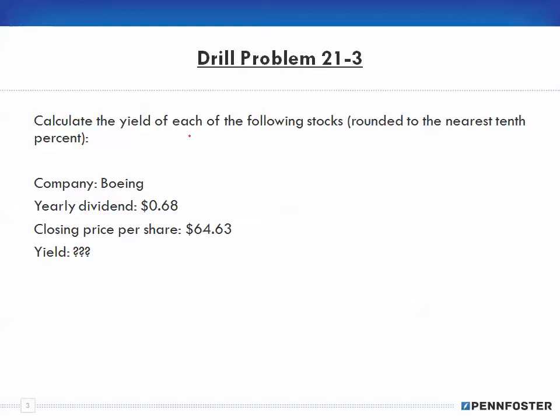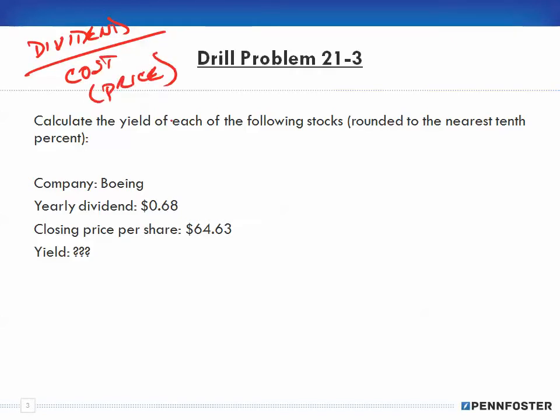I'm looking at a yield, so I'm talking about a dividend over a price, meaning this is what I'm receiving, and it's based upon whatever the cost or price of the stock is, which tells me what my yield is. Of course, from day to day this all changes. Even though the dividend may stay the same, the price of the stock changes every day, so the yield changes every day. But anyway, that's the formula.